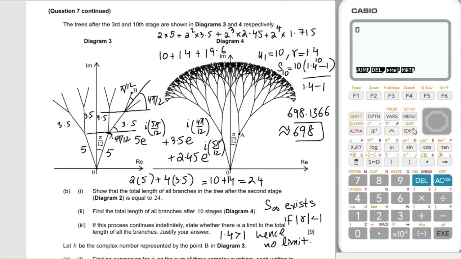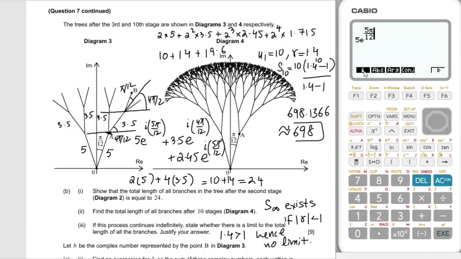Now whatever I do, my final answer is going to be in a plus ib form. So let's type this in: 5, Shift, e raised to power 5π over 12. And to put an i, go to Option, Complex, and you'll see this i over there.